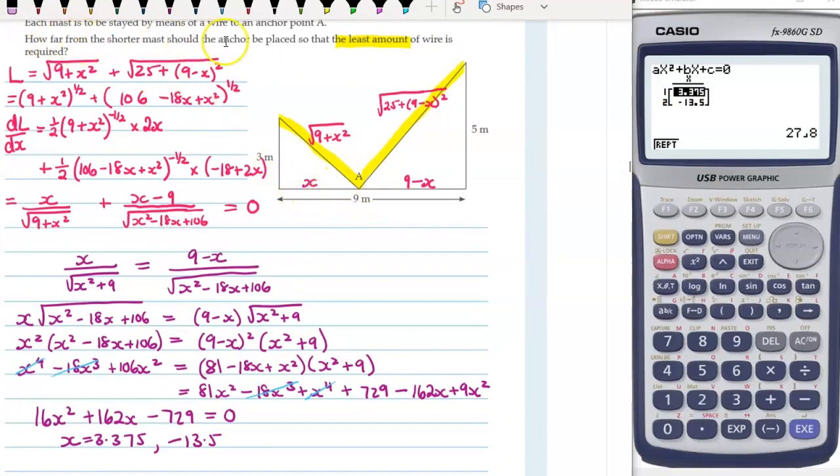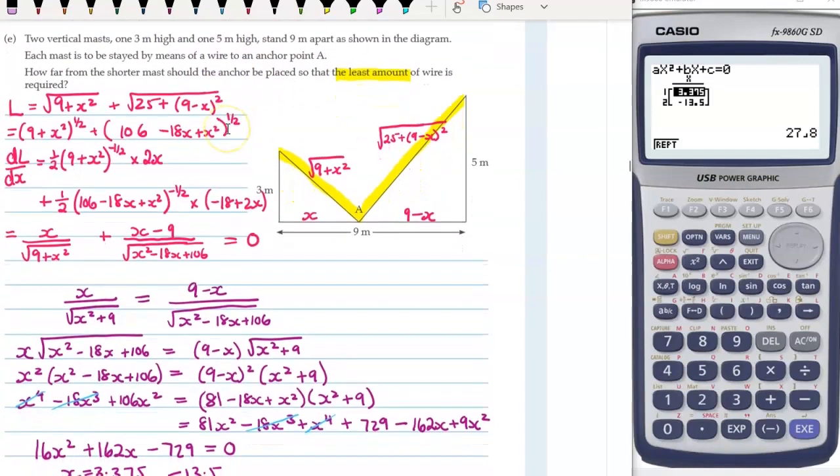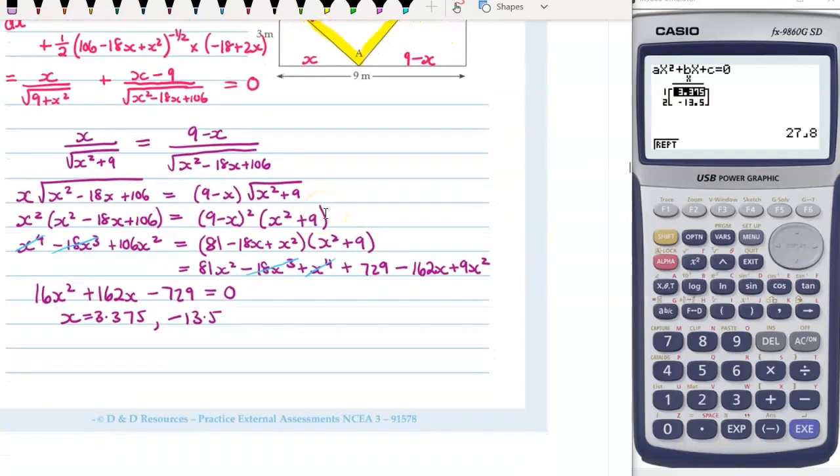Remembering that we're looking for how far that anchor point has to be from the short mast, so how far from the left. We're looking for that x value just here, so it's got to be this one. Okay, so x equals 3.375 meters from the shorter mast.